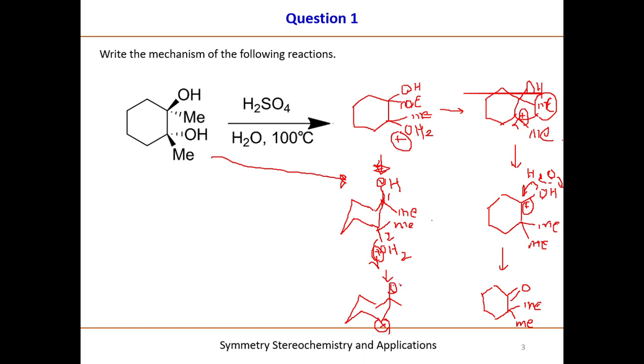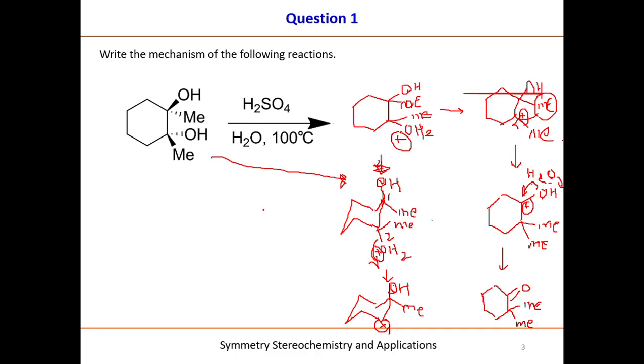Now whenever we observe the elimination, what will happen? The bond which is trans to this OH will be the breaking bond. That means the bond trans to the OH group will break. So here you can see that trans to the OH group is a hydroxy group, so the hydroxy group cannot be eliminated. So in this case, the methyl group can be eliminated.